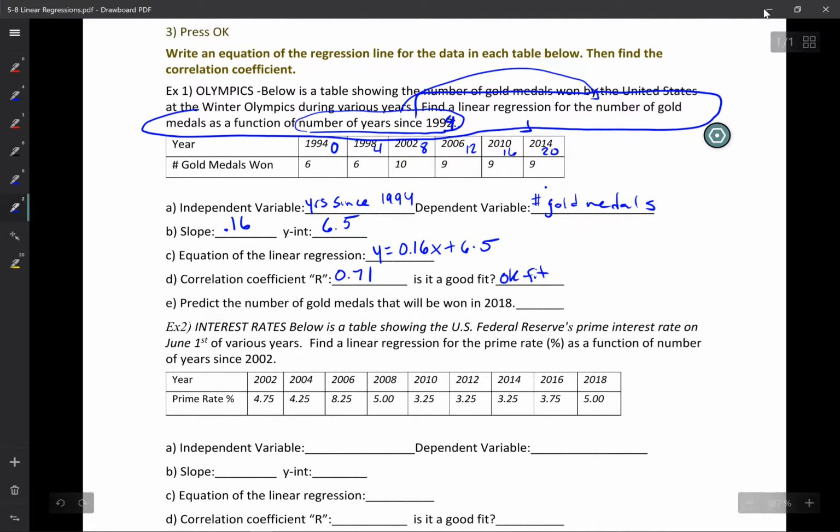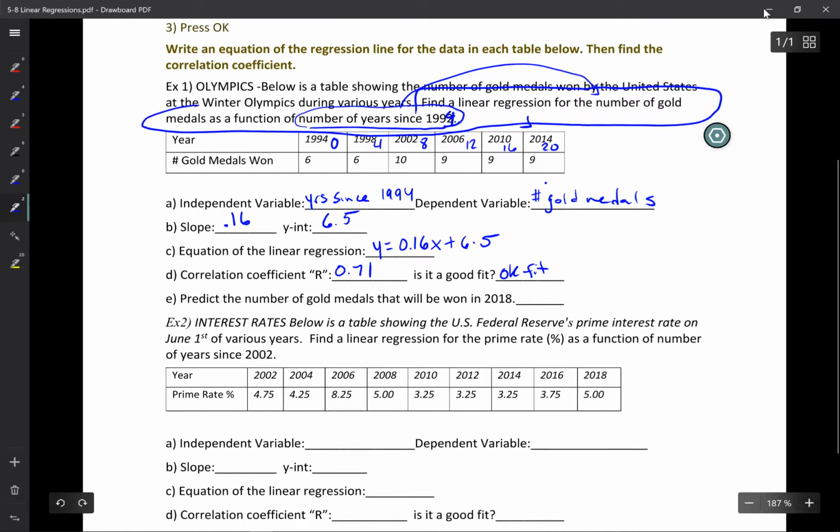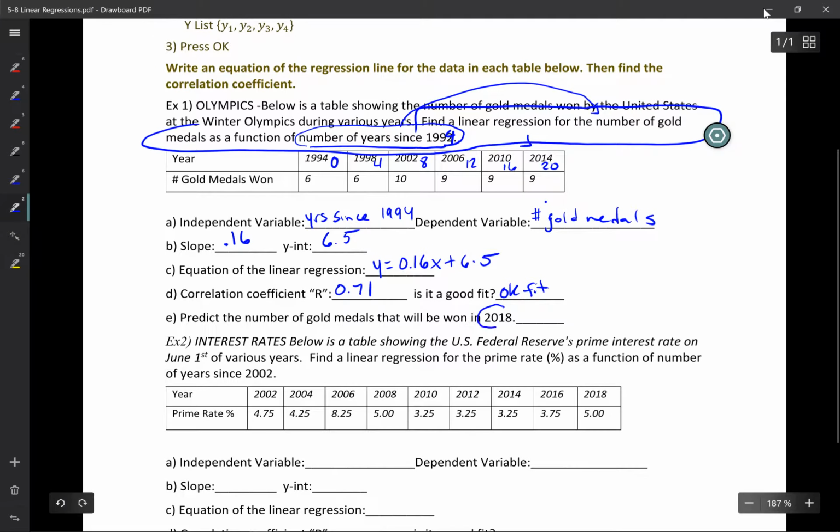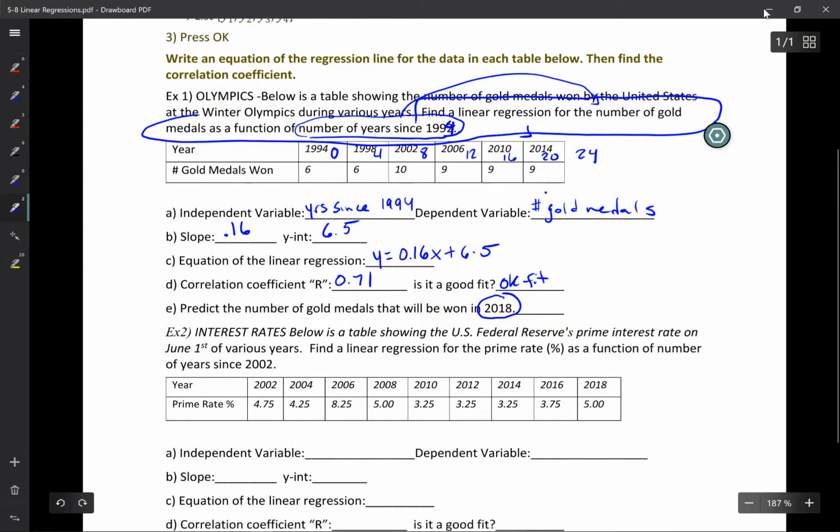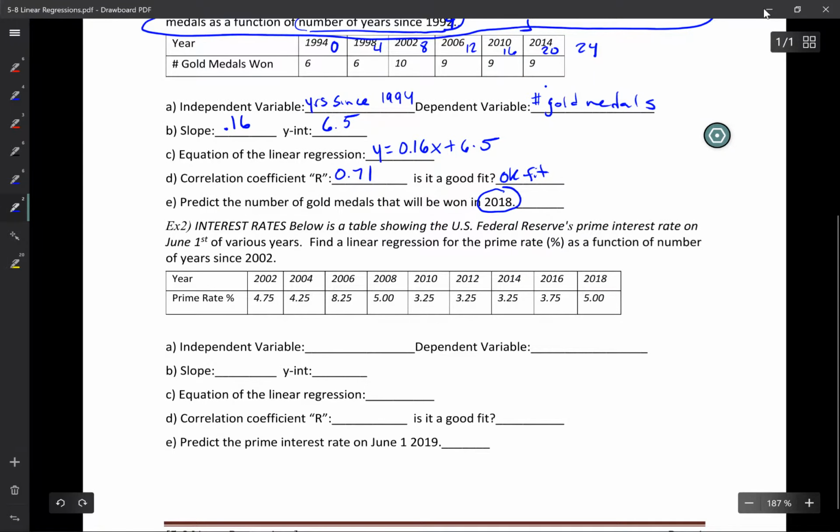And then it says, using this information, predict what would happen in 2018. Well, 2018 would be year 24, right? So all you're going to do is put 24 in for x. So you're going to do 0.16 times 24 plus 6.5, and you can use a calculator for that. I've got one off to the side, but multiply that out however you want.